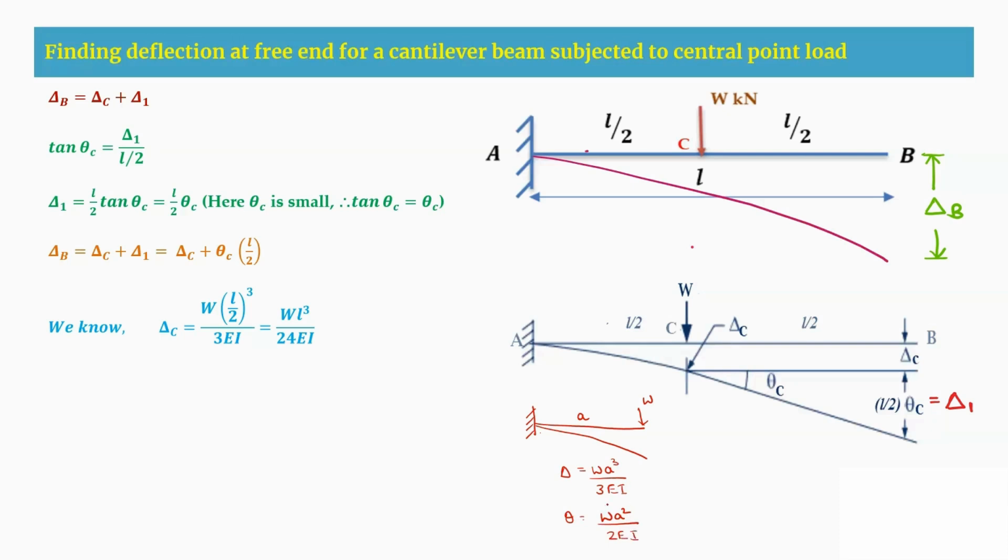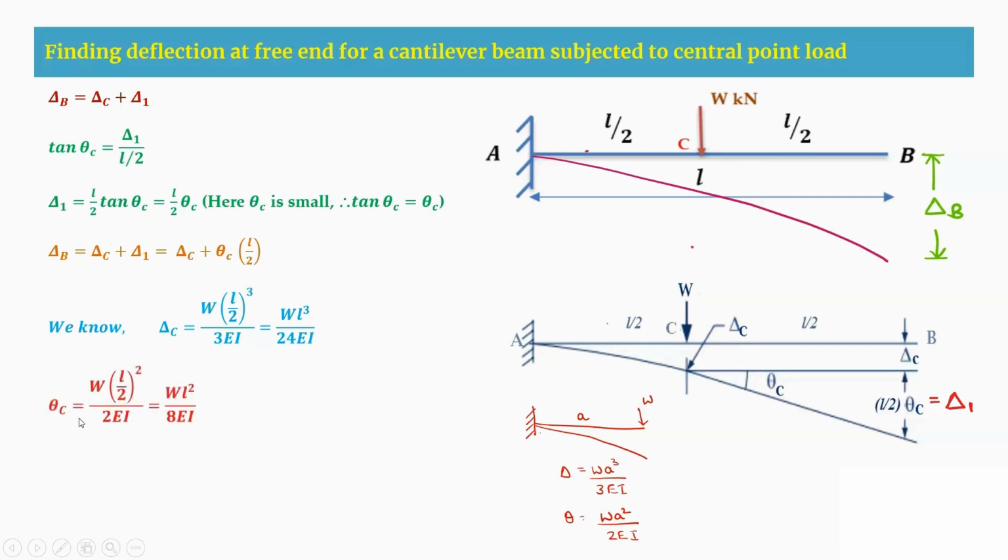These are the things we derived in the previous course on deflection of beams. Since A is L by 2, when you substitute here, you get WL cube by 24EI.